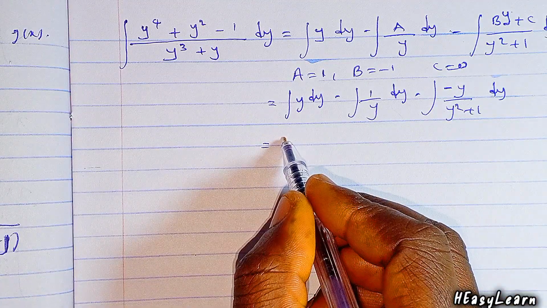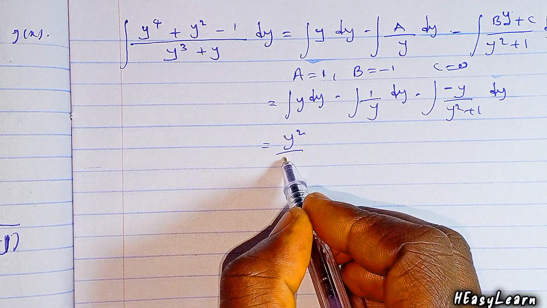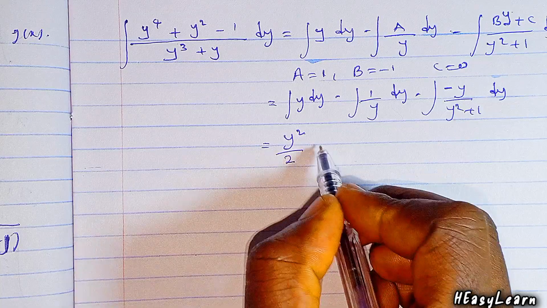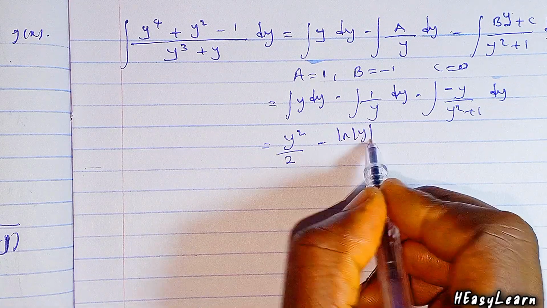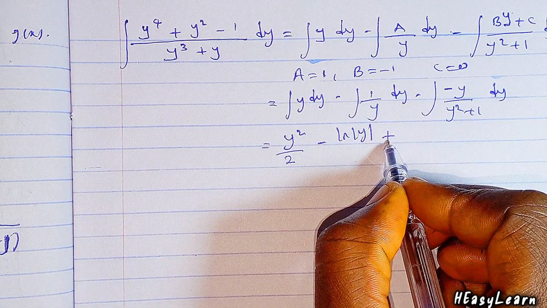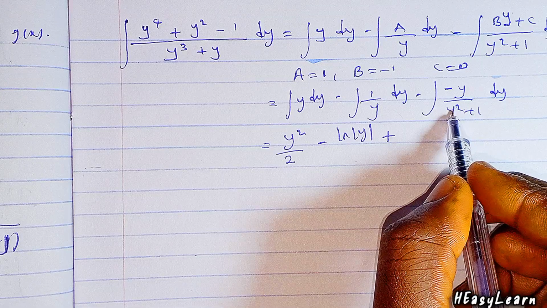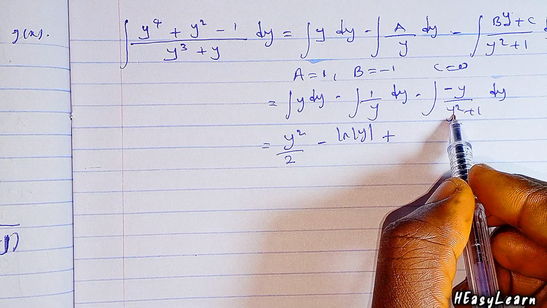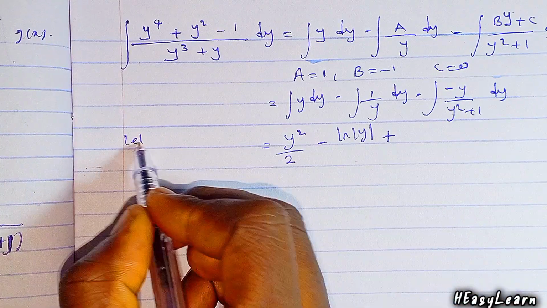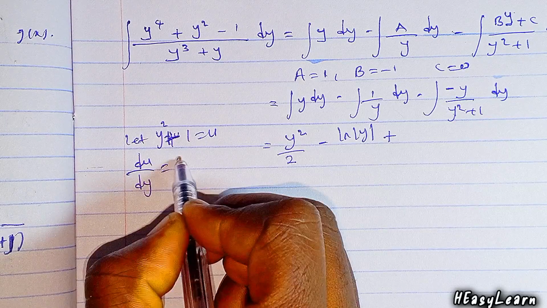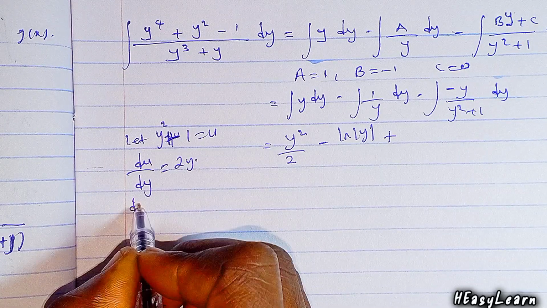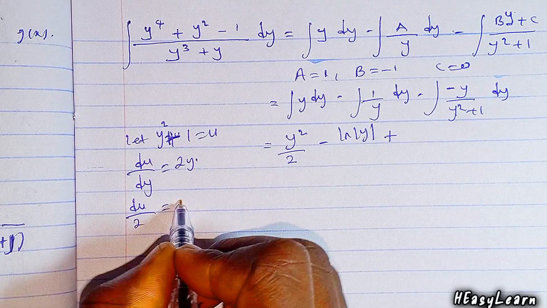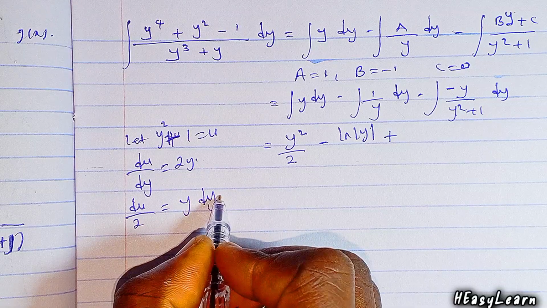What is this integral? Add 1 to the power over the new power, minus ln y. Here is going to be plus. Use substitution here. If you let u, then du over dy will equal 2y. And du over 2 will be equal to y dy.